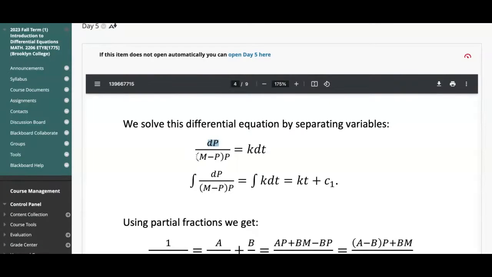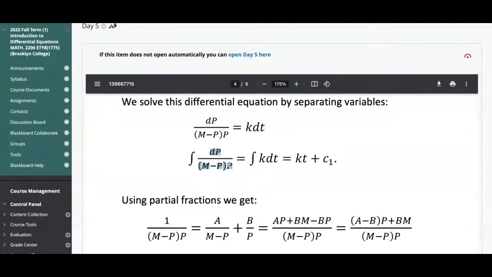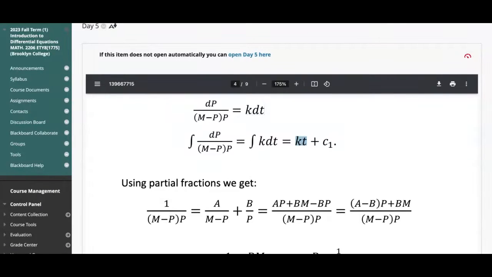So dP over dt. Now we multiply dt on both sides. We divide (M minus P) times P on both sides, so we get dP over (M minus P) times P on one side. The other side is k dt. Then we integrate both sides. Integrating k, we just get kt plus a constant.